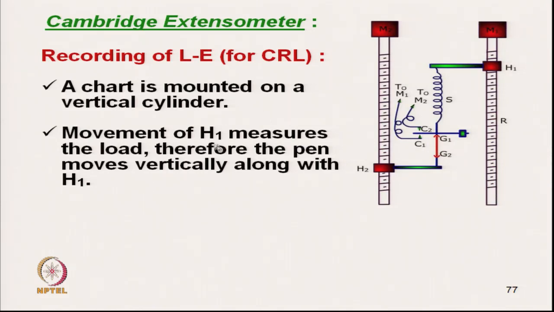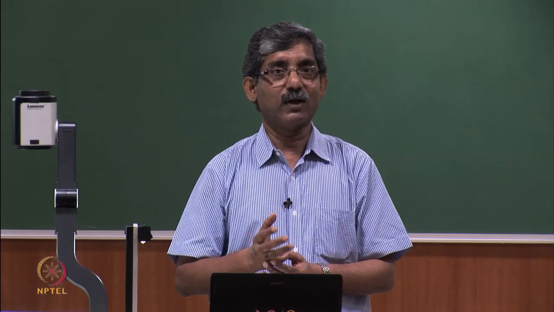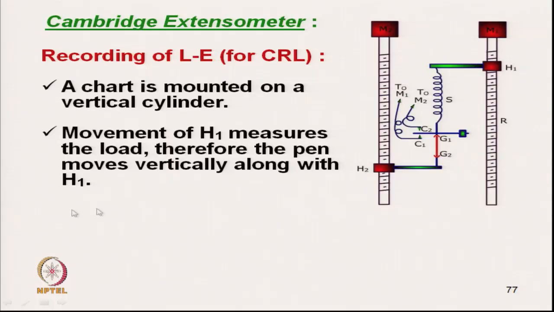The movement of H1 measures the load, therefore the pen moves vertically along with H1, and the rotation of the cylinder, on which the chart is mounted, shows the extension of the material.